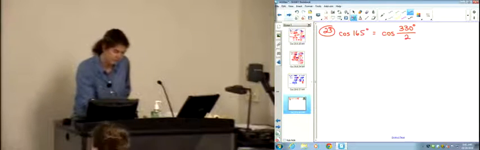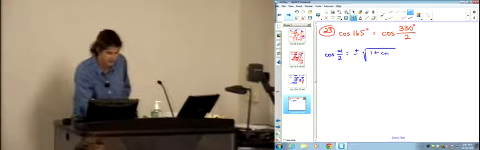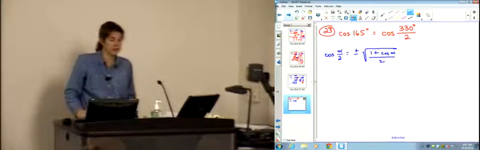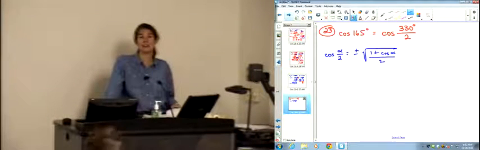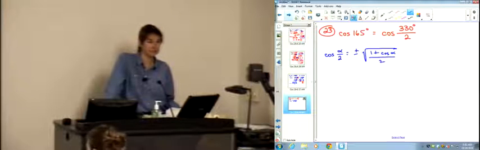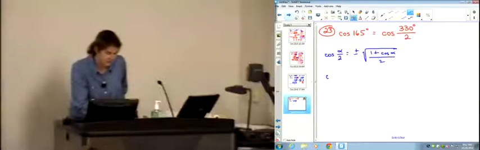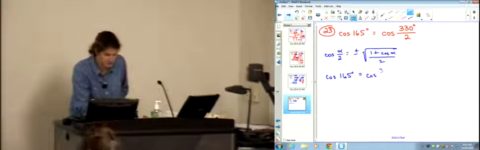Now let me write up here: the cosine of alpha over 2 is equal to plus or minus the square root of 1 plus cosine alpha over 2. That's the formula we're looking at, because we're doing the cosine of an angle that is half of an angle we know about. We know about the 330 degree angle, right? So the cosine of 165 degrees is equal to the cosine of 330 degrees over 2.